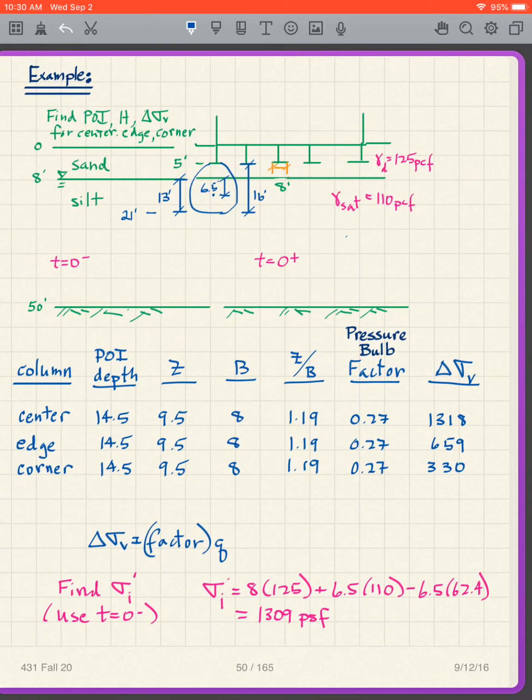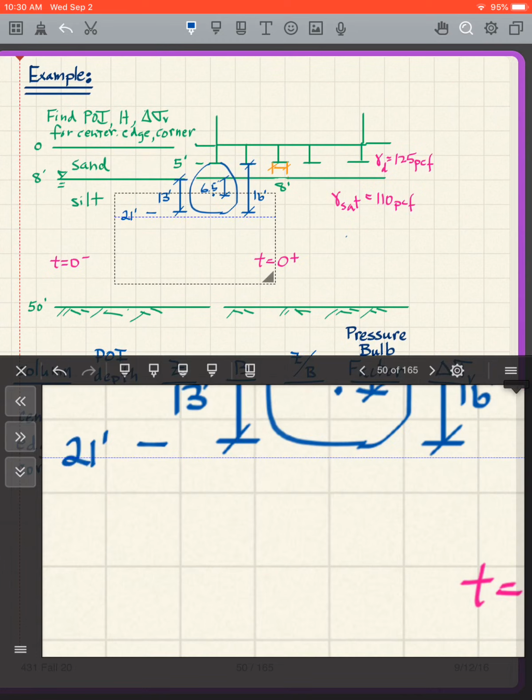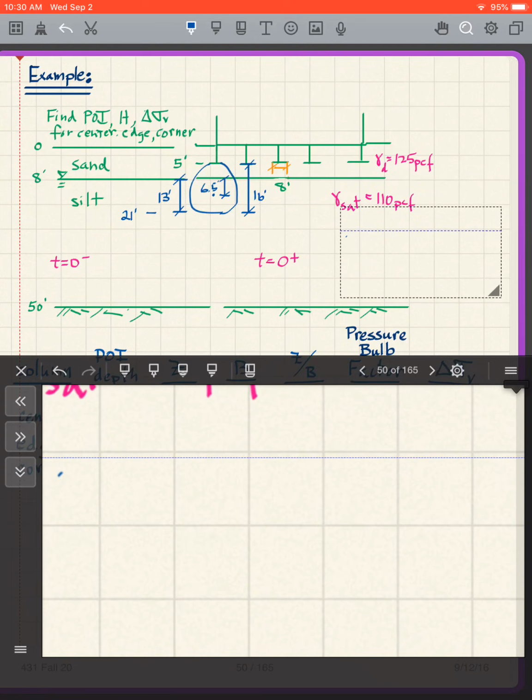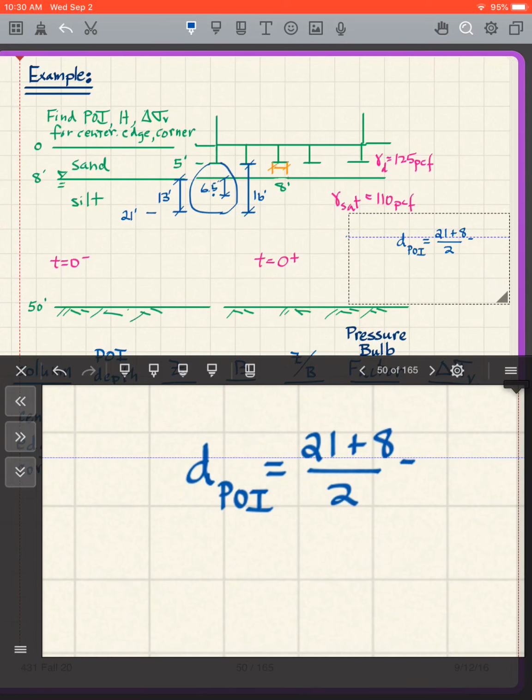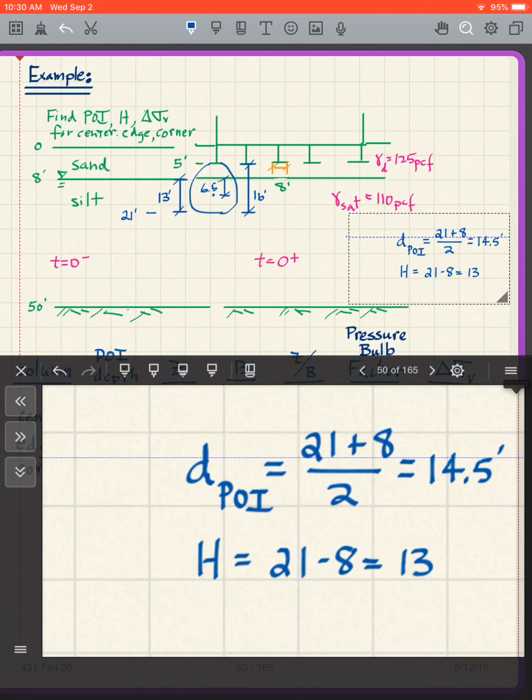And so our point of interest is going to be the bottom of the pressure bulb. So the depth of the point of interest is going to be the 21 plus 8 over 2, which is 14.5 feet, and our H is going to be the 21 minus 8, which is 13 feet.